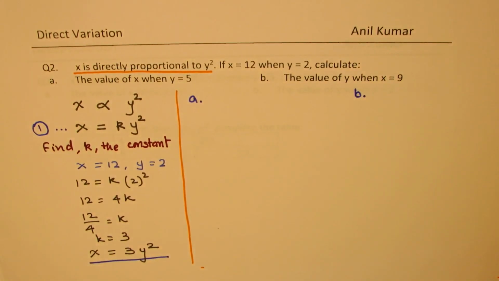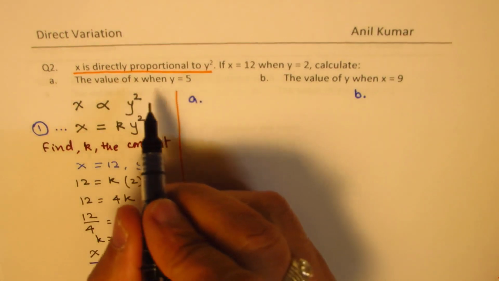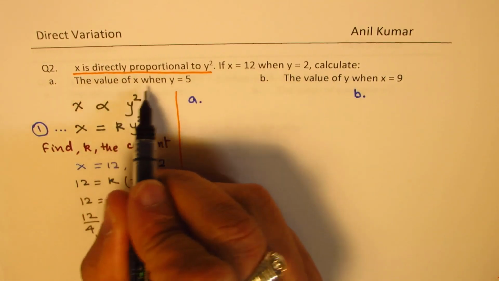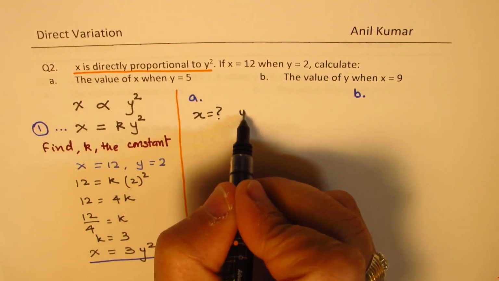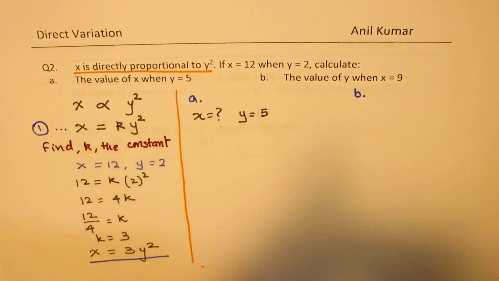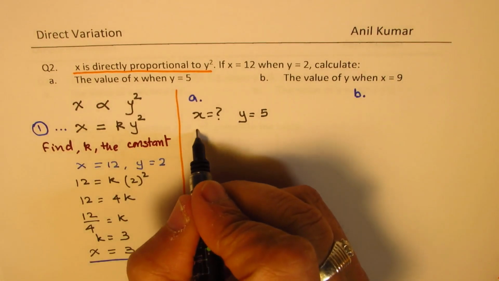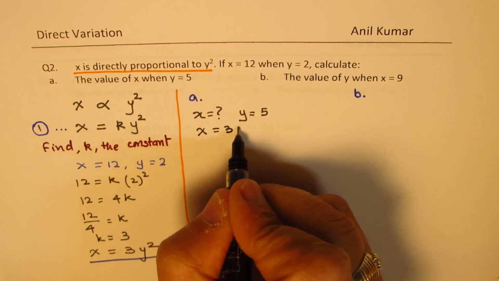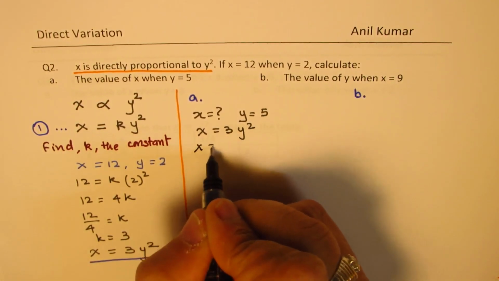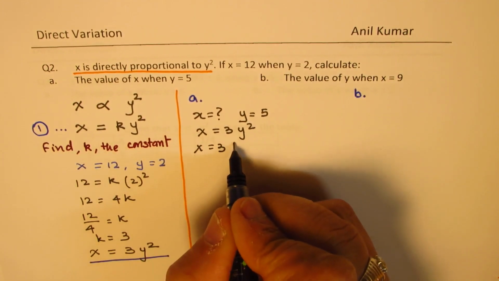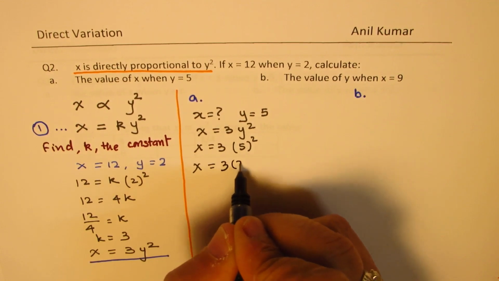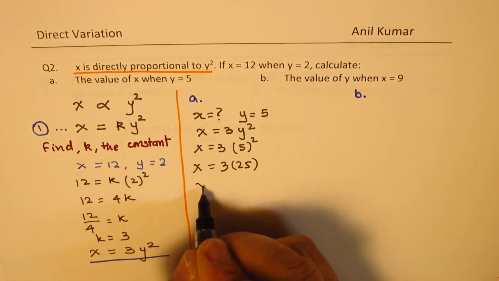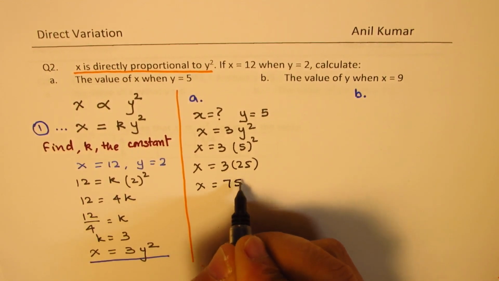Is that clear to you? Now in part A, we are saying calculate the value of x, so we need to find what x is when y equals 5. So the equation here is x is 3 times y squared, so x is 3 times 5 squared, so x is 3 times 25, or x is 75.